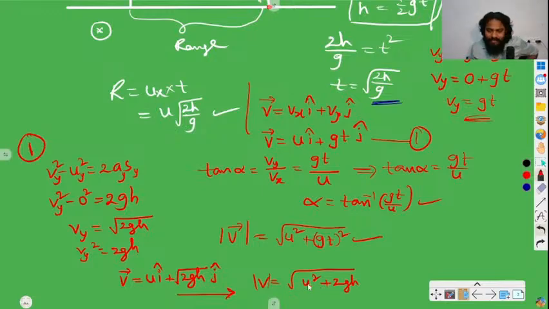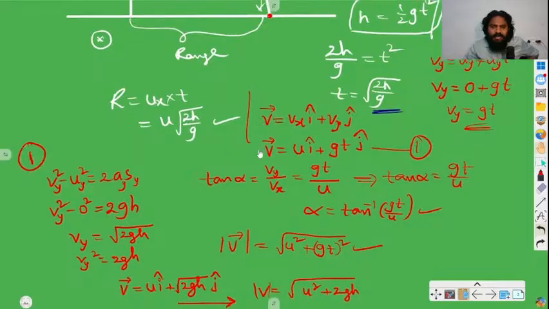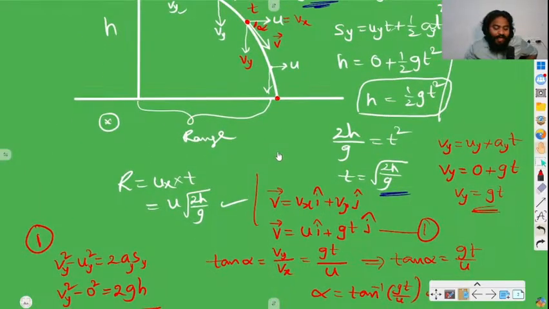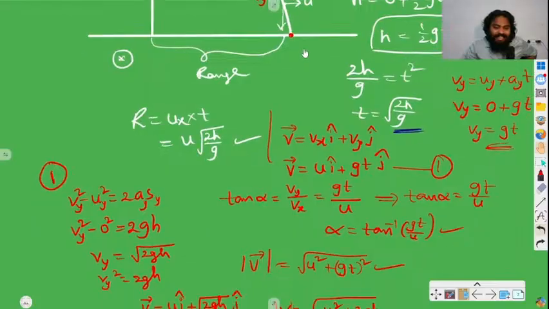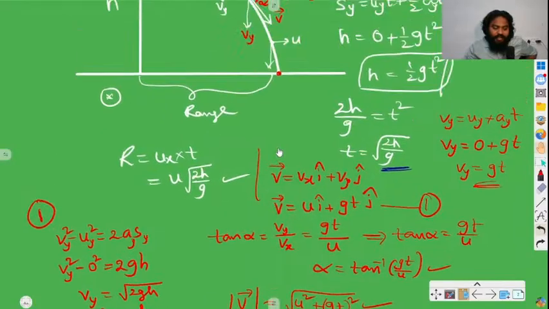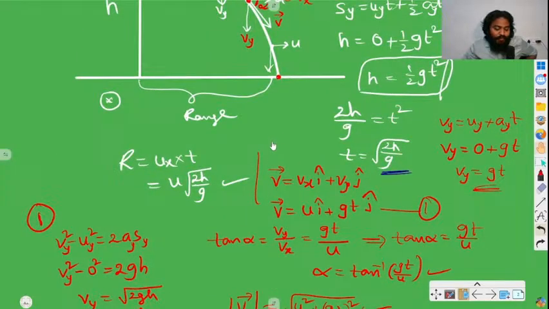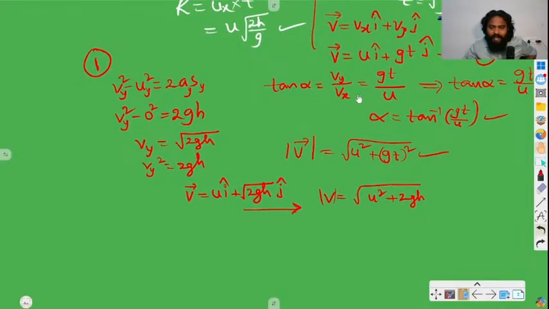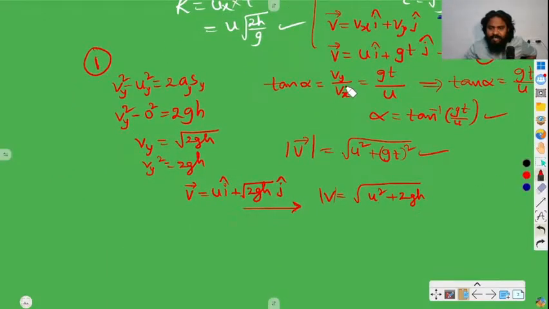Yeah, that's fine. And next, is there still anything that we have to discuss? Yes, if they ask you at what angle it hits the ground, the same formula applies again. Tan alpha equals vy by vx.